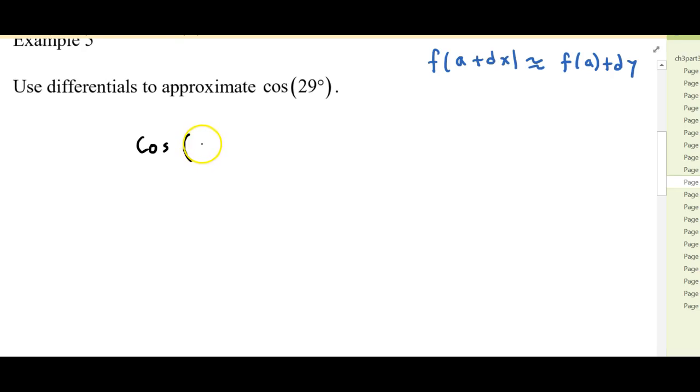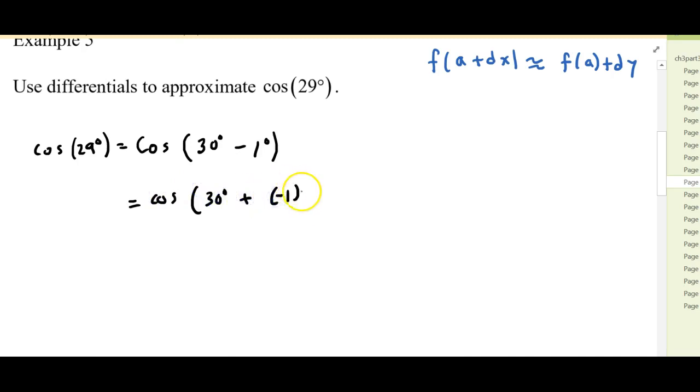Cosine of 30 degrees is something that we know. Cosine of 29 is cosine of 30 minus 1 degree, which I can also think of as the cosine of 30 plus a negative 1 degree.